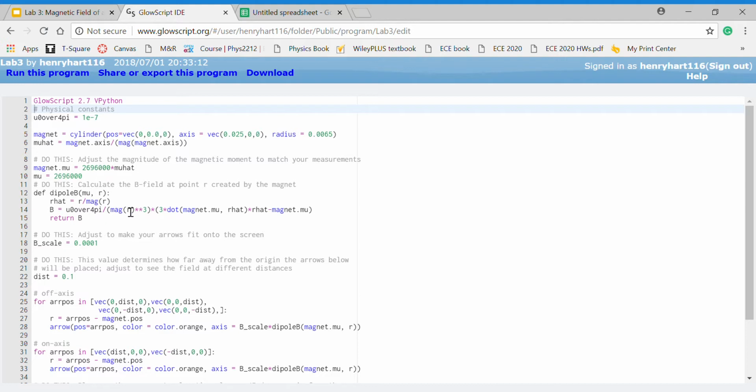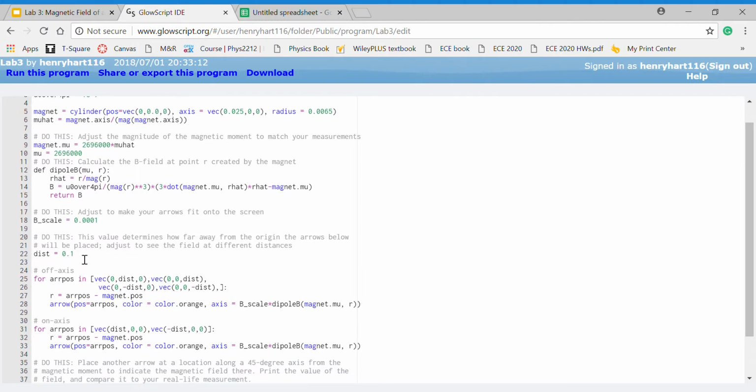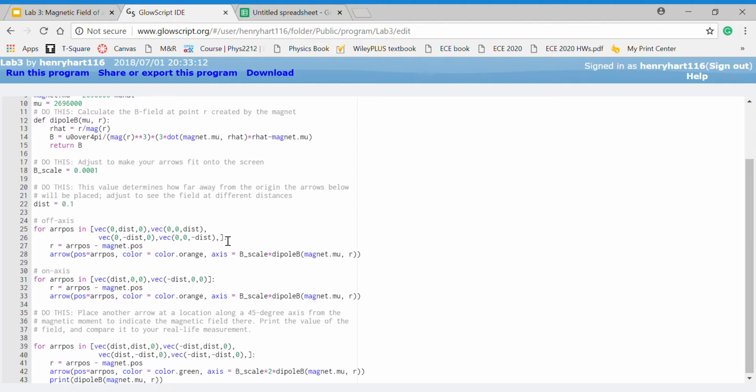And this function here creates the magnetic field for different locations of R. And this is our scale, and this will be a simulated distance that we can change, which is R. So we have 3 for loops, one for off axis, which finds the magnetic field arrows on places that are perpendicular to the magnet, and then points that are on the magnet's dipole moment axis. And then down here, I created another for loop to calculate the 45-degree axis of the magnetic field from the magnet.